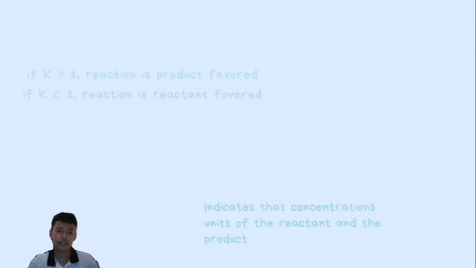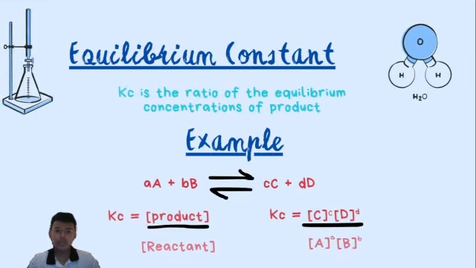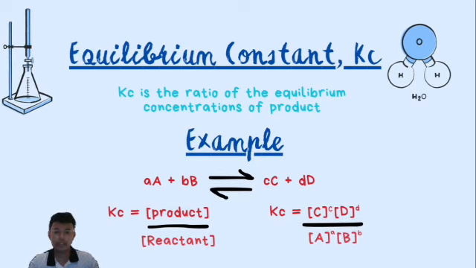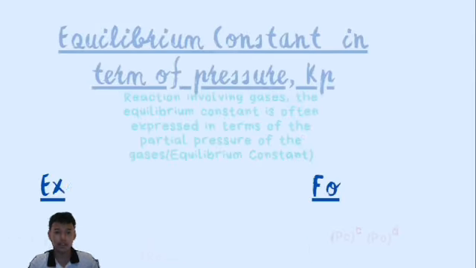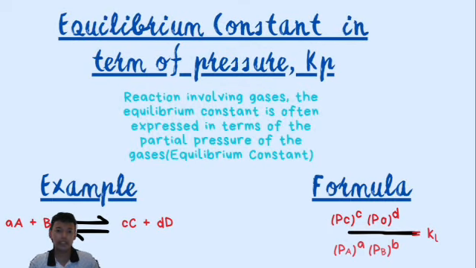Next, the equilibrium constant is Kc. Kc is the ratio of the equilibrium concentrations of products to reactants. We can use this formula to solve for the equilibrium constant Kc. Next is the equilibrium constant in terms of pressure, Kp.